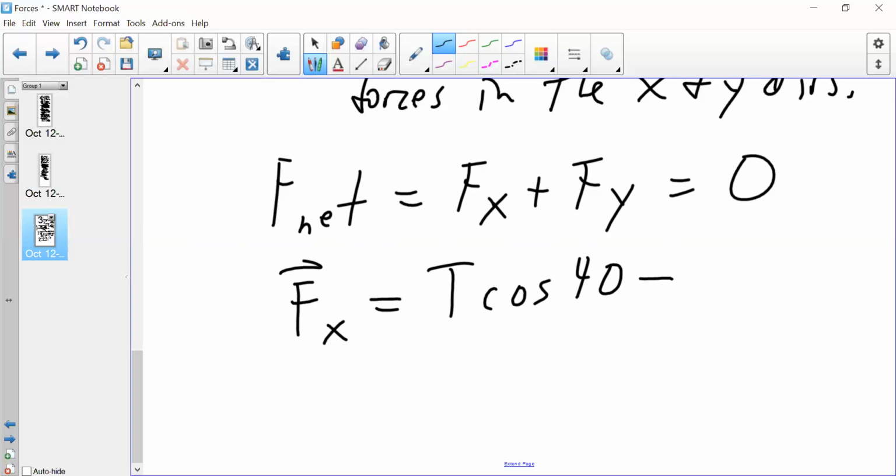And the other one is going to be on the negative x-axis, negative T cosine 40, equals 0. You can already, even without using your intuition, you can see that those forces in the x direction will be equal. They'll cancel out.